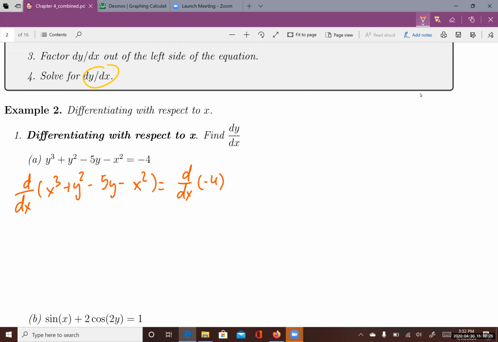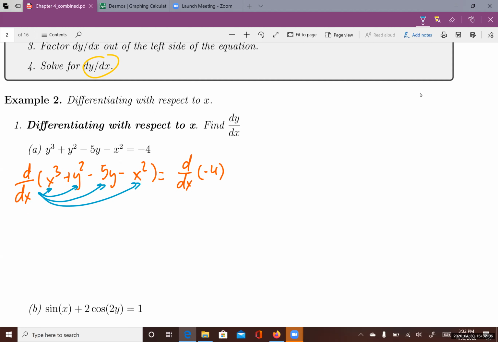Then again, you can use the sum and the difference rule to find the derivative of each of the terms here. Okay. So x and x is the same, I can just use the power rule. x and y are different, then I have to use the implicit differentiations, right? 2y dy dx. x and y are different, then I have to use it again. Derivative of 5y is 5 times dy dx.